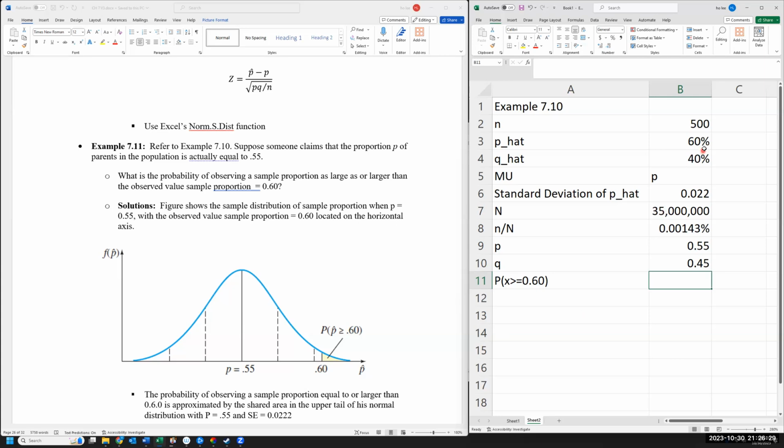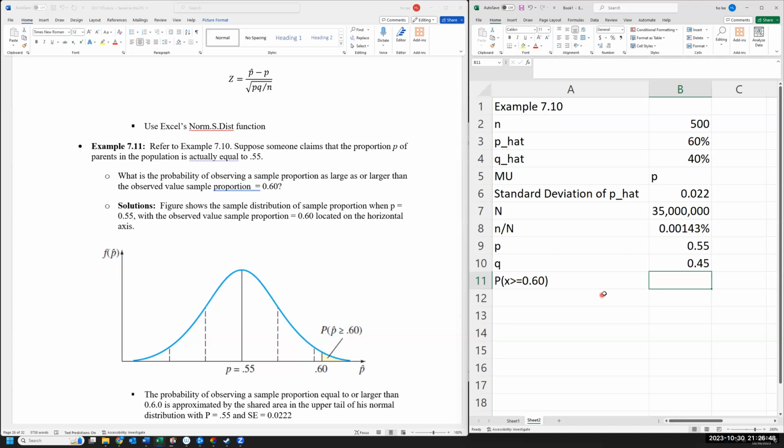We found from our sample of 500, P hat to be 60%. And they said, what is the probability of being greater than or equal to 60%? So what is the probability of being in this shaded region?